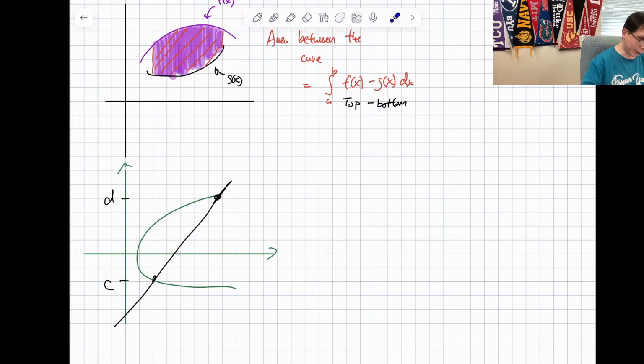If you do top minus bottom, this will work all the way to this moment. Why does it work? Because you have the green function and the black function, and they subtract each other. But in this region here, they are the same function. They subtract each other and end up being 0. So you cannot do it this way.